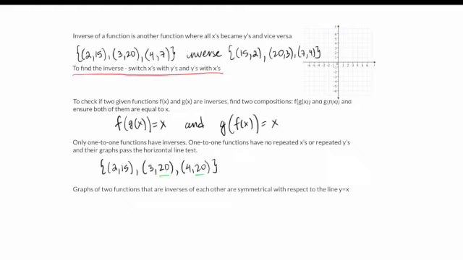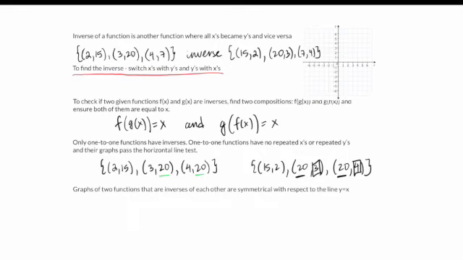If you try to find the inverse of this function and switch x's and y's, you will get (15, 2), (20, 3), and (20, 4). And because of these two repeated x's that now have different y's, the inverse turns out to not be a function.